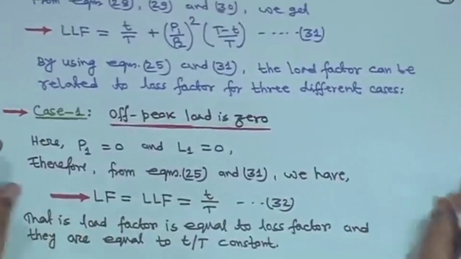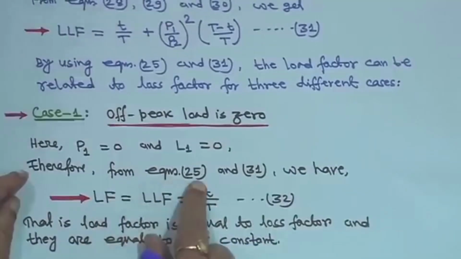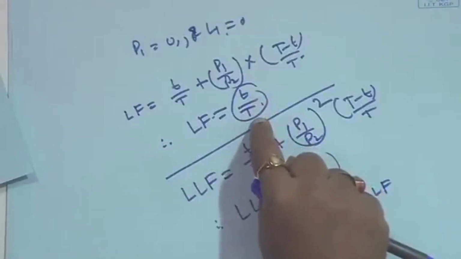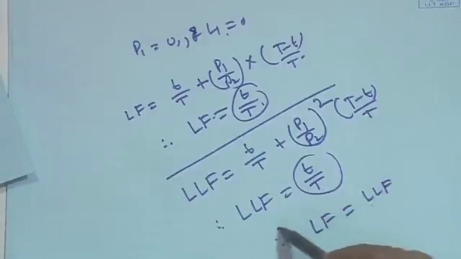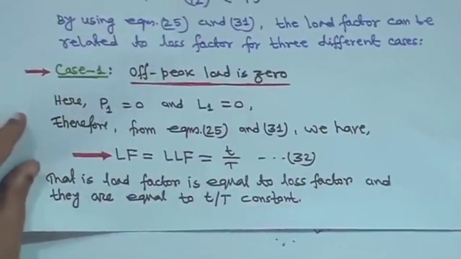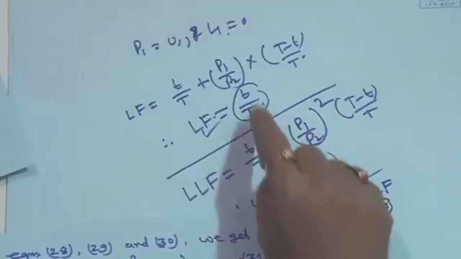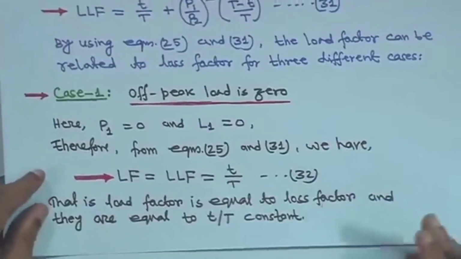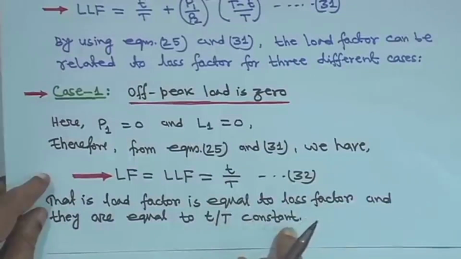That is why we are writing that if off-peak load is 0, then from equation 25 we get LF is equal to small t by capital T, and from 31 we also get LLF is equal to small t by capital T. Therefore, LF is equal to LLF, equal to small t by capital T. This is equation 32: load factor is equal to the loss factor, and they are equal to small t by capital T, a constant.